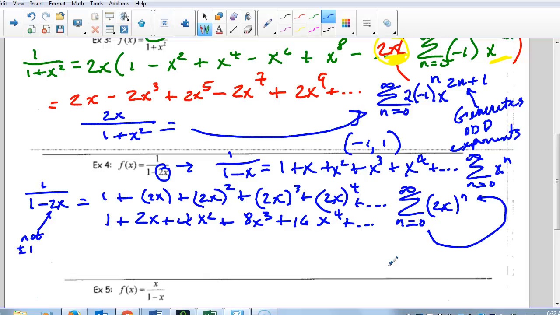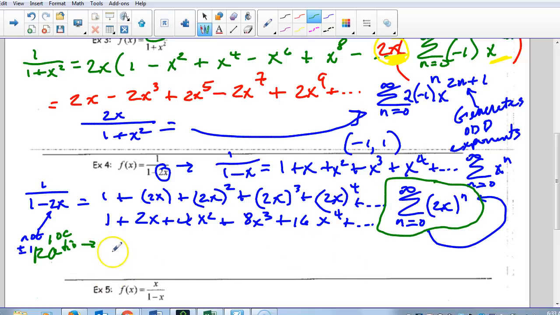Either way, my interval of convergence requires the ratio test. So I'm going to try to pick a different color here. Interval of convergence is ratio test, right? And in the ratio test, you use the series. You don't use the original function. You use the series that you came up with, because that's how I do the ratio test. I'm going to take the limit.